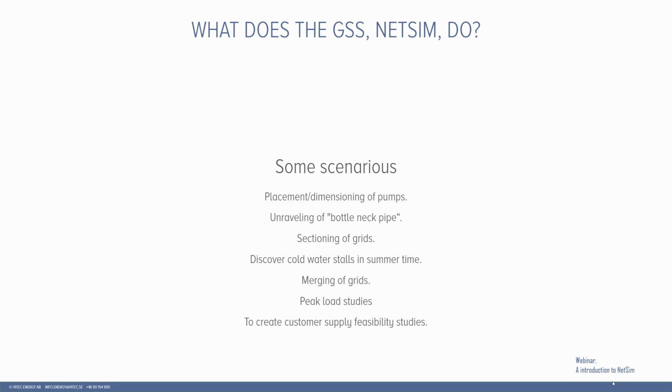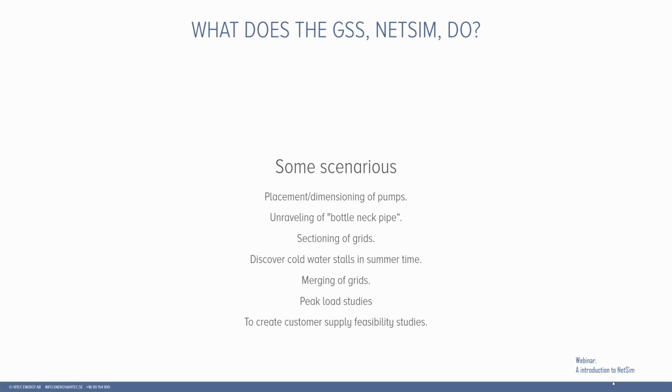So what does a GSS, a grid simulation system like NetSim, do? We have some scenarios here. Of course, there are many more, and which ones are applicable for your grid is completely dependent on what scenario you are in, whether you are building a new grid or trying to optimize an existing grid. Some scenarios could be placement and dimensioning of pumps.